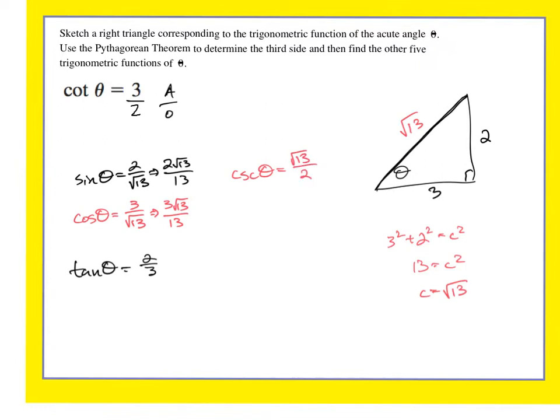And then cosine's buddy is secant, which is hypotenuse of square root 13 over 3. And then cotangent is what? 3 over 2.